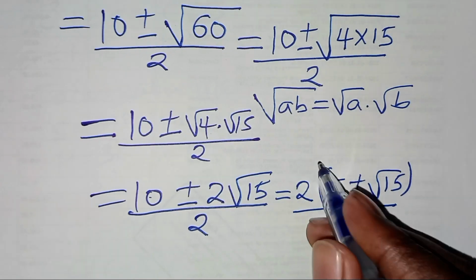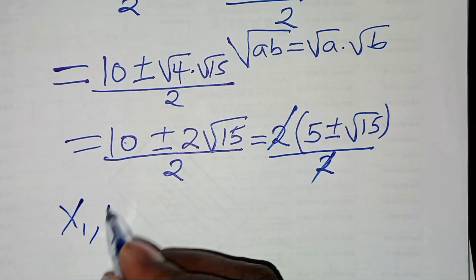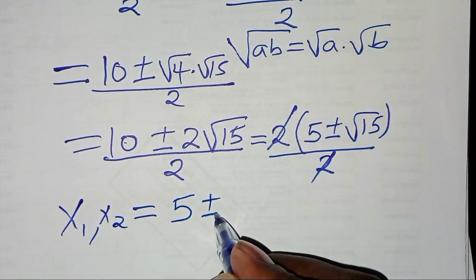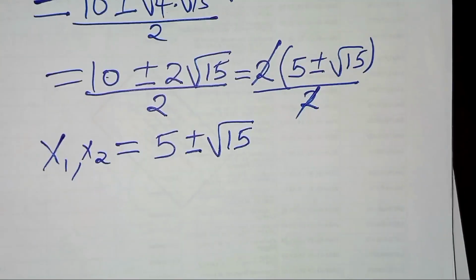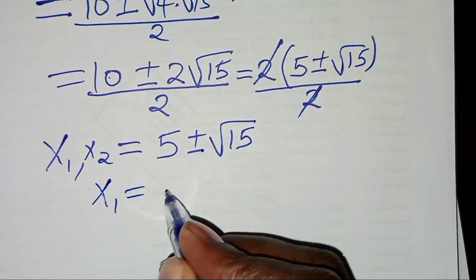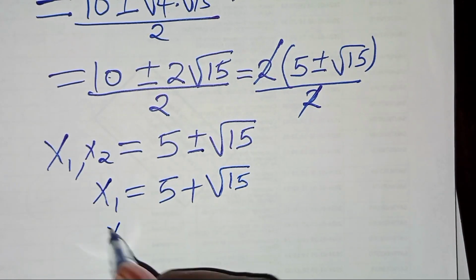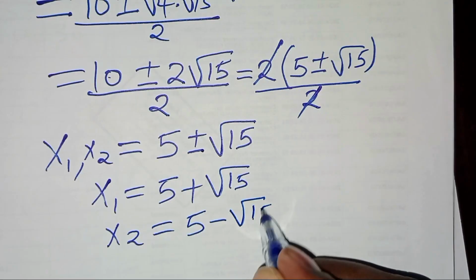Let's simplify so that x1, x2 equal 5 plus or minus the square root of 15. So this implies that x1 is equal to 5 plus the square root of 15, and x2 is equal to 5 subtract the square root of 15.